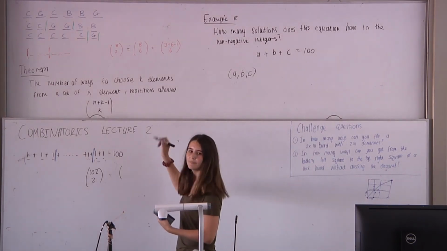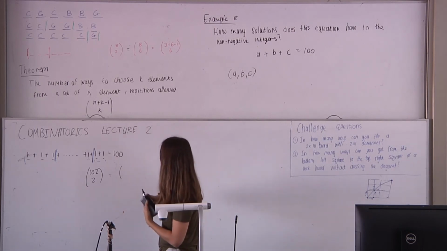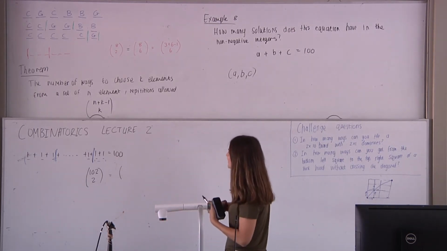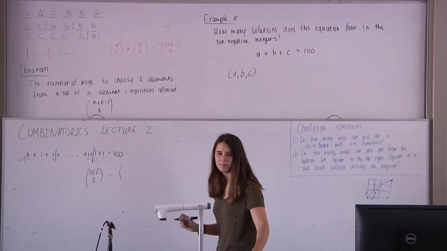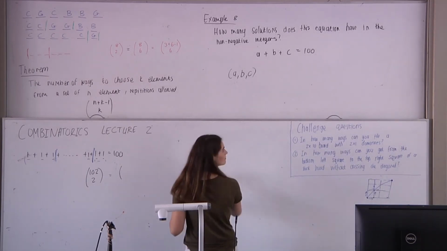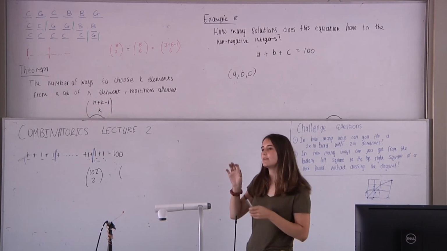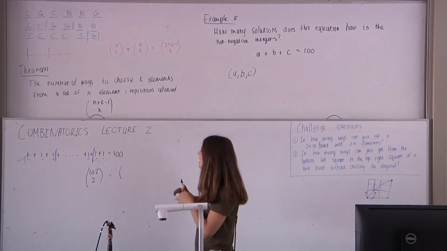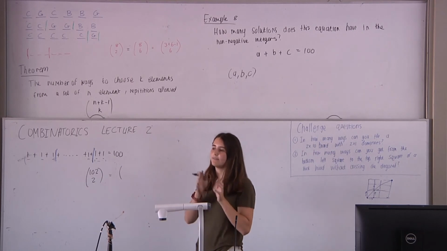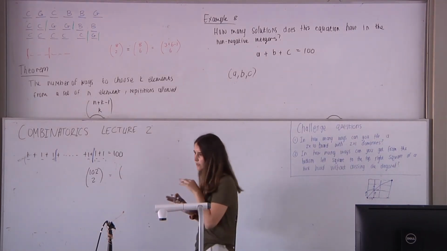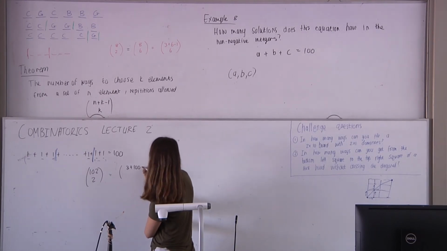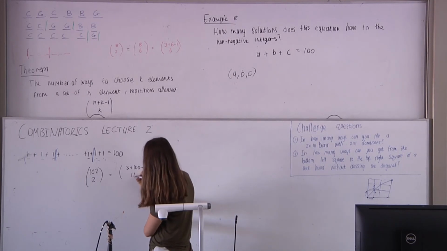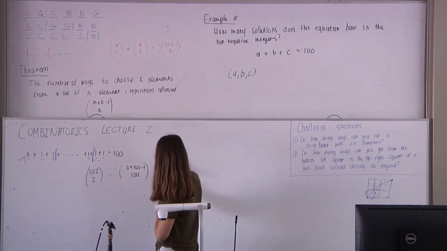It's 100 plus 3 minus 1, but your k is 100. So you have 3 elements as in A, B, and C, and you want to take the 100 ones and divide them into each of these groups, either in A, or in B, or in C. So what you have here is 3 plus 100 minus 1, choose 100.